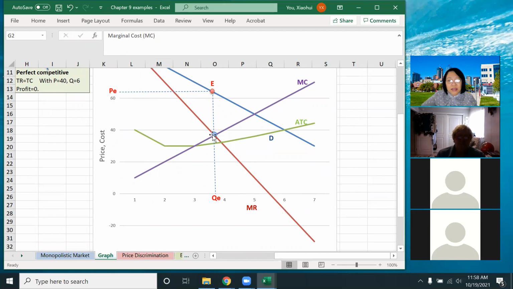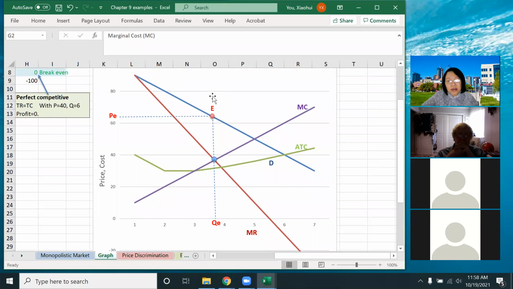And then see here, the intersection between the MC and the MR is here. So here, we can draw a perpendicular line to the x-axis. And then we get the quantity. See, this is the QE, between 3 and 4, right? That's the QE. And then we can extend this perpendicular line to reach this blue line.